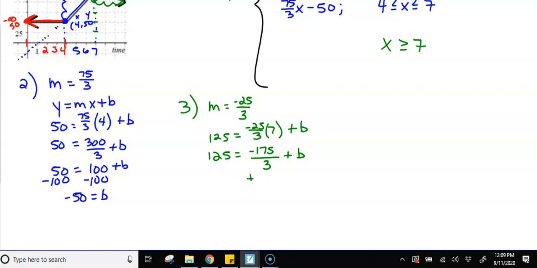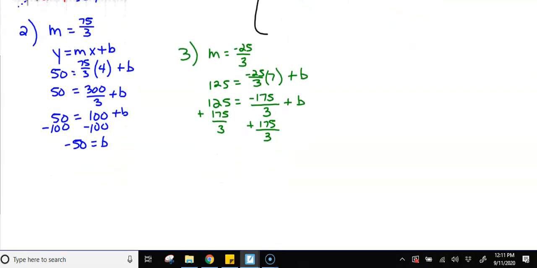And then we will add 175 over 3 to both sides. And if we want to work on our fractions a little bit while we're at it, if we want to add 175 thirds to 125, we're going to want to multiply 125 by 3, make it into thirds. So 375 over 3 plus 175 over 3.